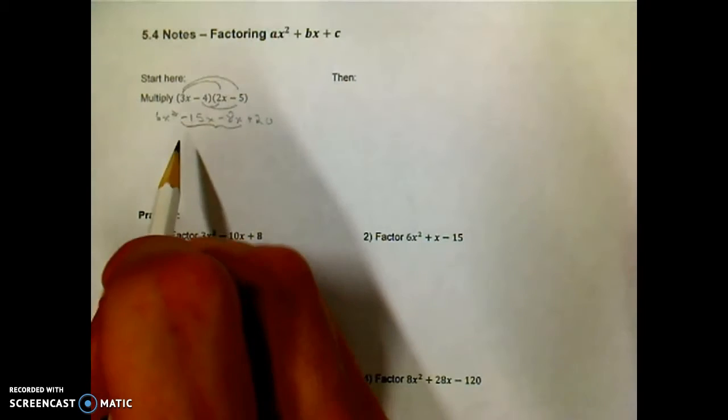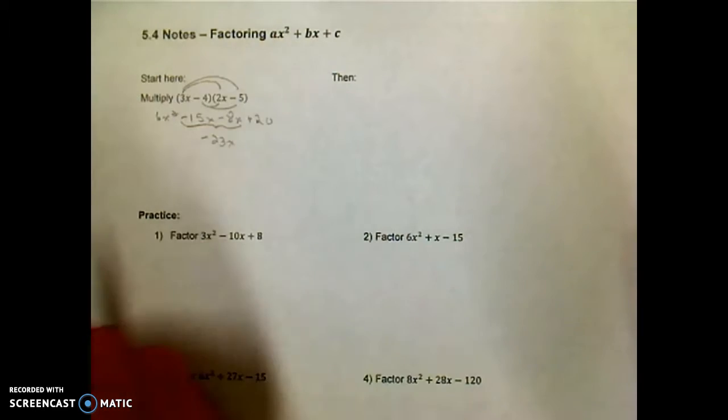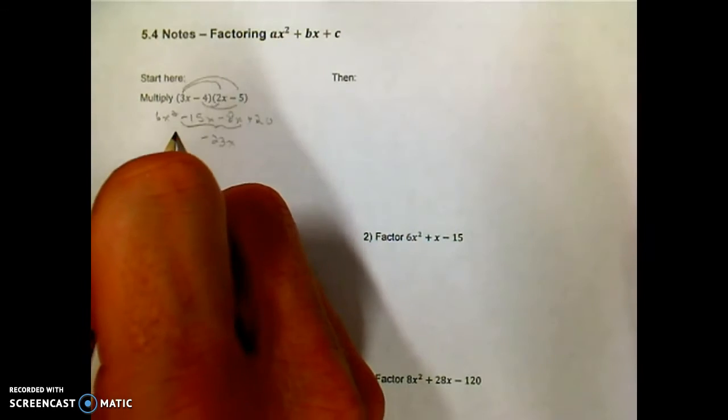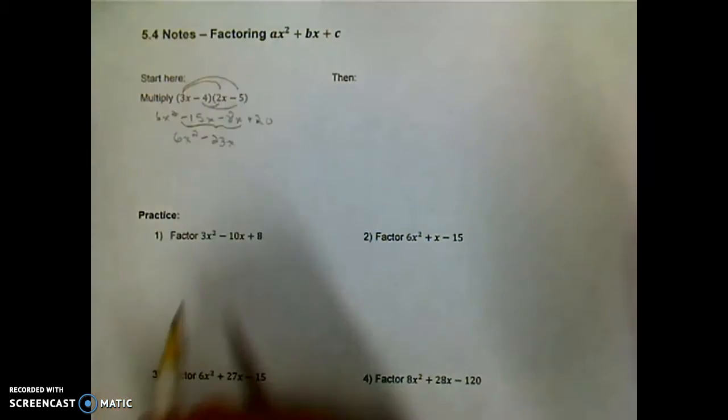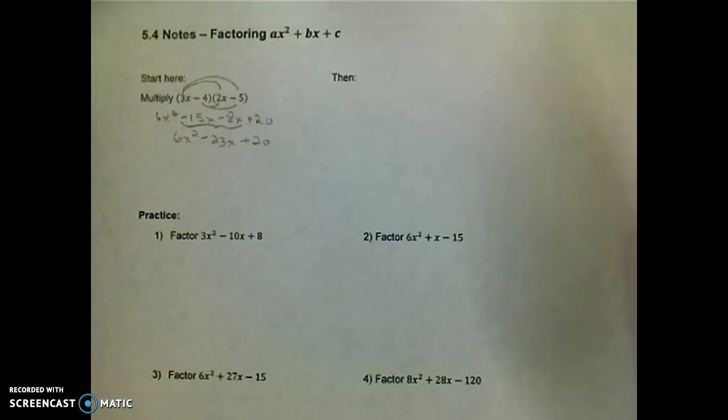We're going to combine those. Negative 15x minus 8x, negative 23x. I've still got my 6x squared term out the front, and plus 20 behind. 6x squared minus 23x plus 20 is how that binomial multiplication would be simplified.